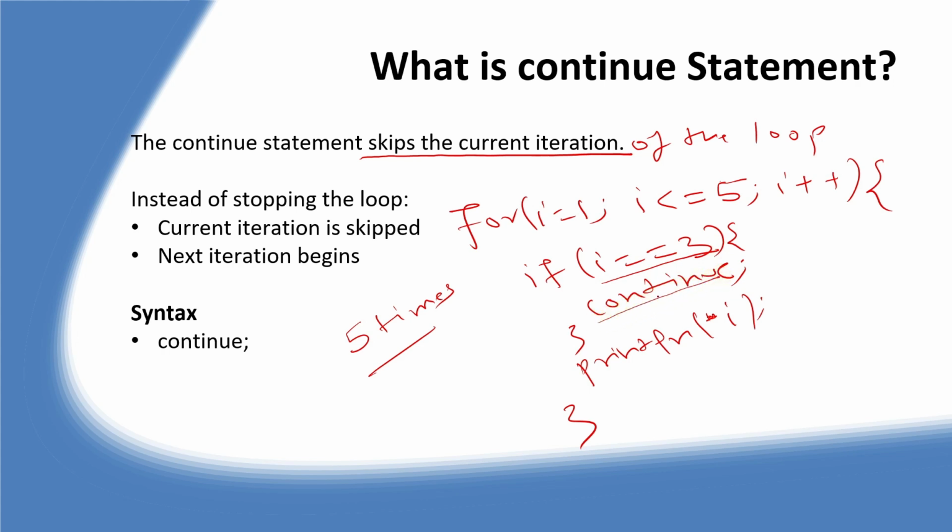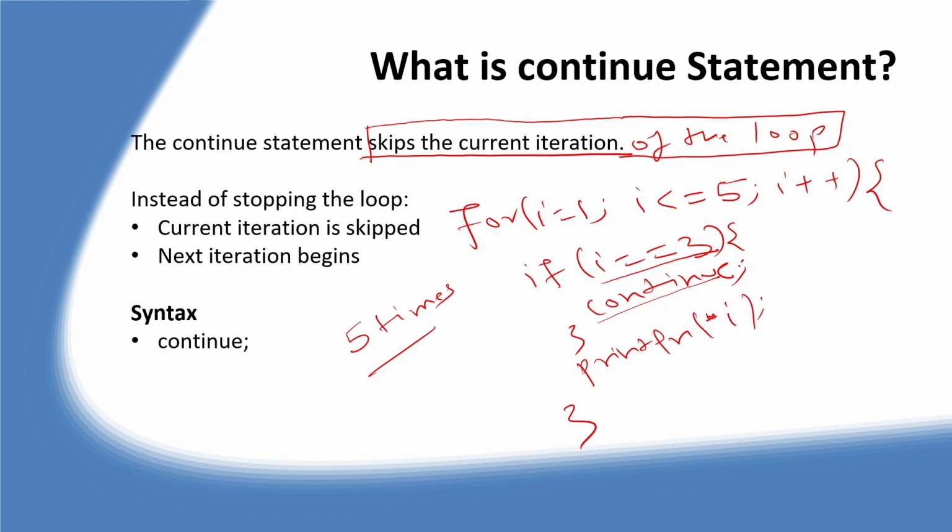So what is the definition of the continue statement? When the continue statement executes, it skips the current iteration of the loop. And what is the current iteration? i equal to 3. That is the third iteration.